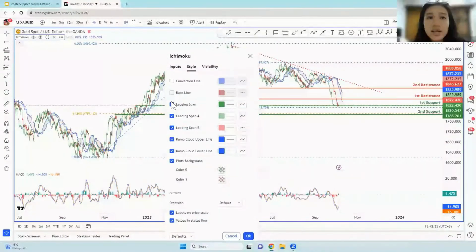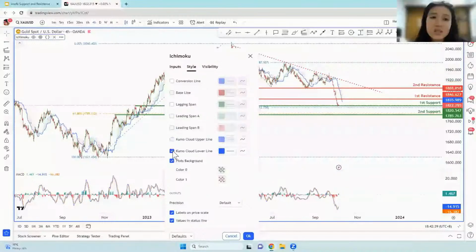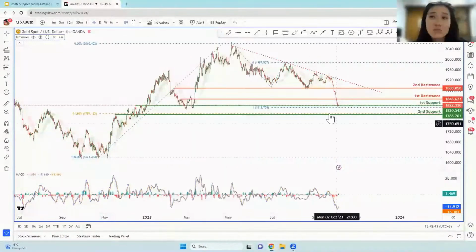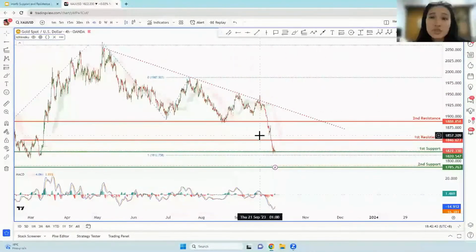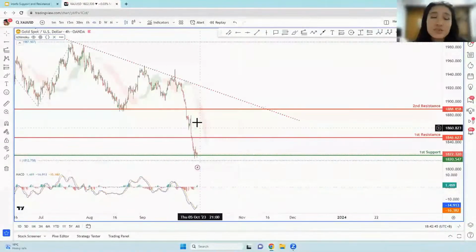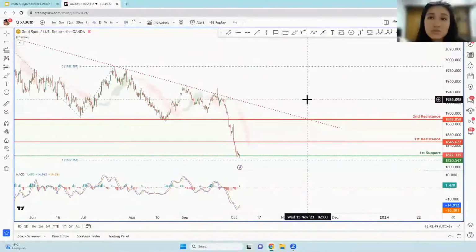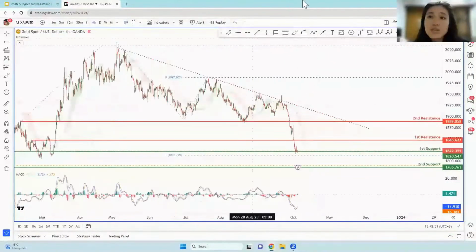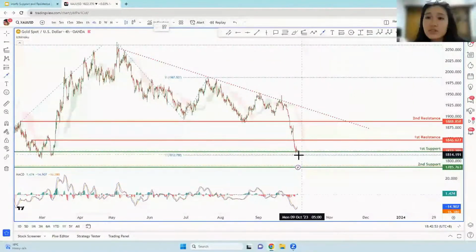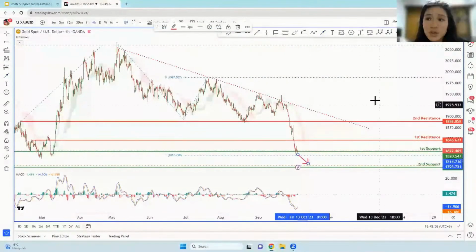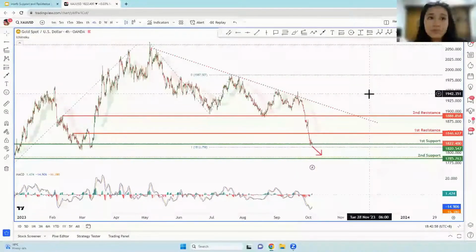I like to just look at the clouds because at one glance, you can see exactly what the signals are. If price is moving below the Ichimoku cloud like it is here, it is a bearish signal. So it supports our analysis that price is likely going to continue to drop from the first support down to the second support.